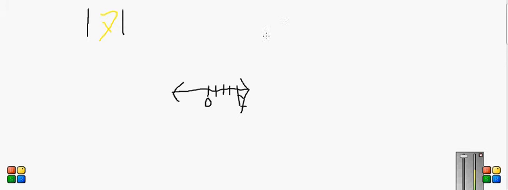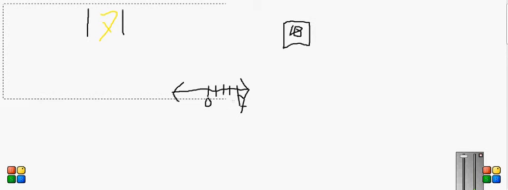One way I like to show this is absolute value is like being trapped inside of a box. Nothing can go in and nothing can go out and nothing can change inside of the box. That is my interpretation of absolute value.